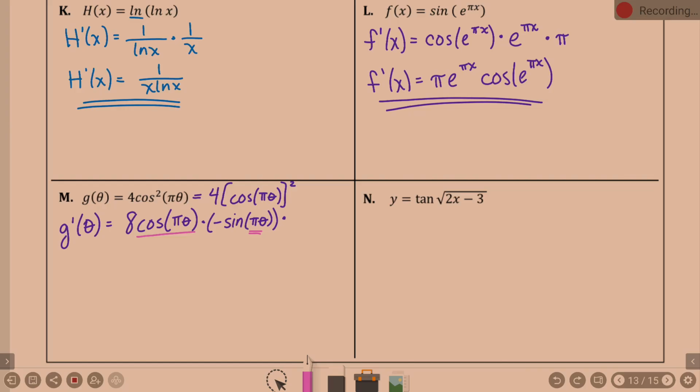So the derivative of pi theta is indeed pi. So negative 8 pi cosine pi theta sine pi theta. Yep. The only thing I would say, negative 8 pi definitely should be first. Whether you do cosine pi theta then sine pi theta or vice versa is flexible.